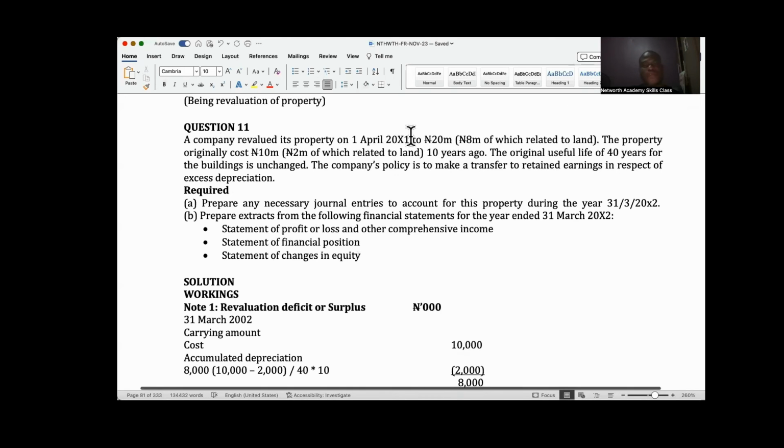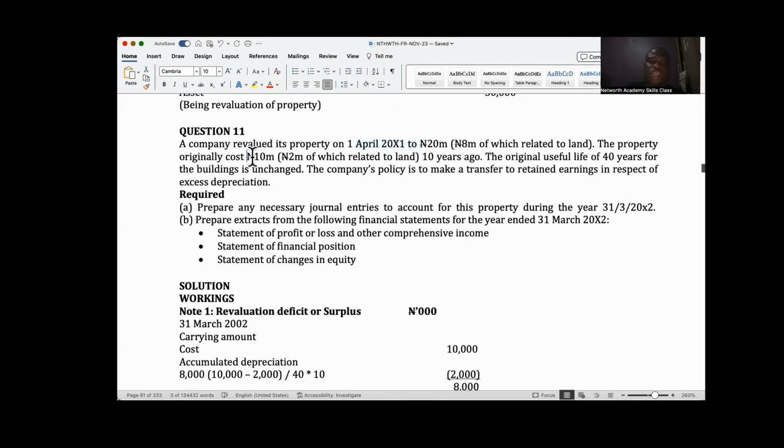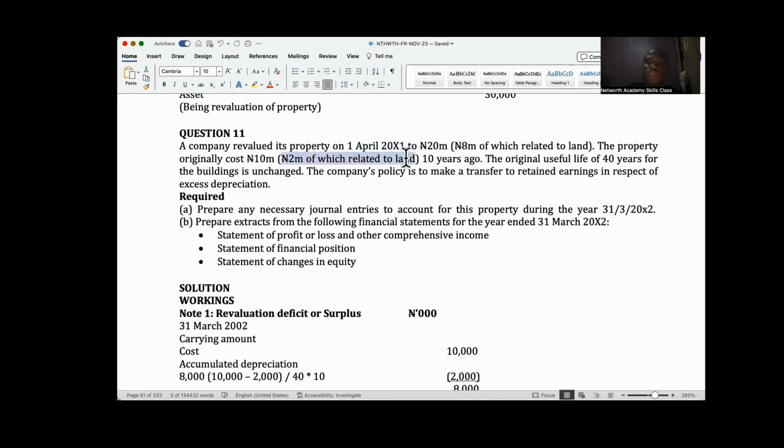They now went ahead to say that the property originally cost 10 million, 2 million of which is related to land, 10 years ago. They said the original useful life of 40 years for the building is unchanged. The company's policy is to make a transfer to retained earnings in respect of excess depreciation.